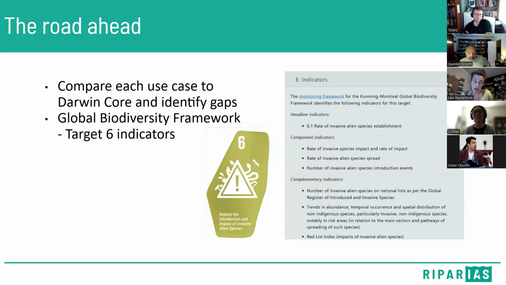So information about methods, materials, working hours. I do think the Humboldt extension gives you the opportunity. Would those management actions be part of the event core of Darwin Core? So you went to a site, you did your management action, you would record whether the species was still present or something like this. Well, it's different.